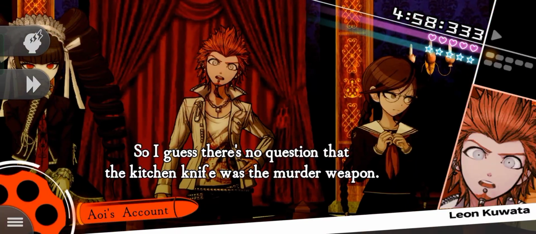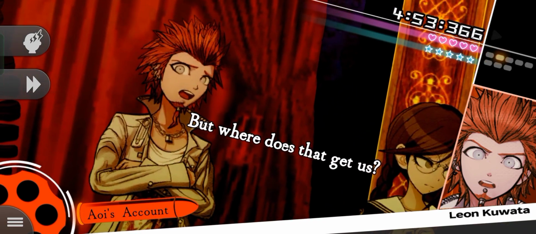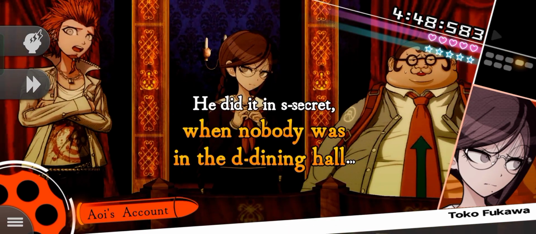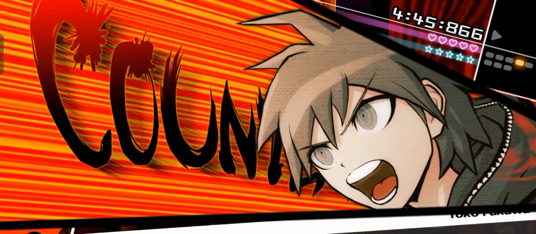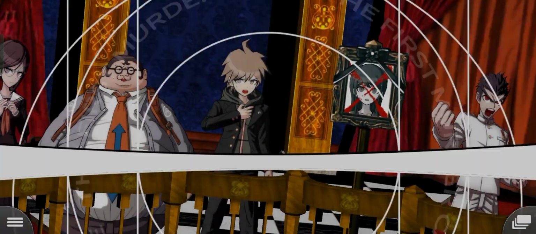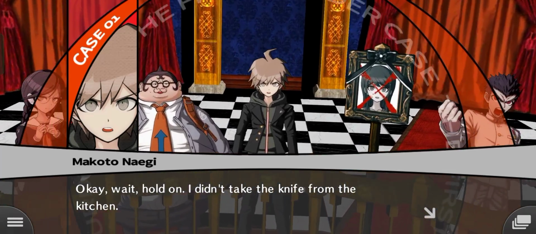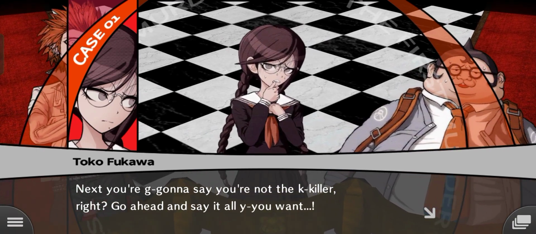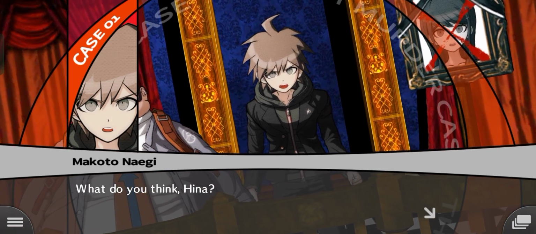So I guess there's no question that the kitchen knife was the murder weapon. But where does that get us? Makoto must have taken it from the kitchen, right? He did it in secret. Nobody was in the dining room. No, it's wrong. Okay, wait. Hold on. I didn't take the knife from the kitchen. Next, you're gonna say you're not the killer, right? Go ahead and say it all you... Well, what if I have a witness? What do you think, Hina?